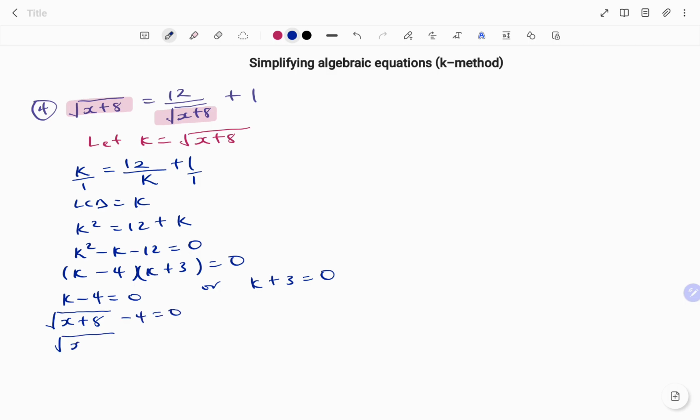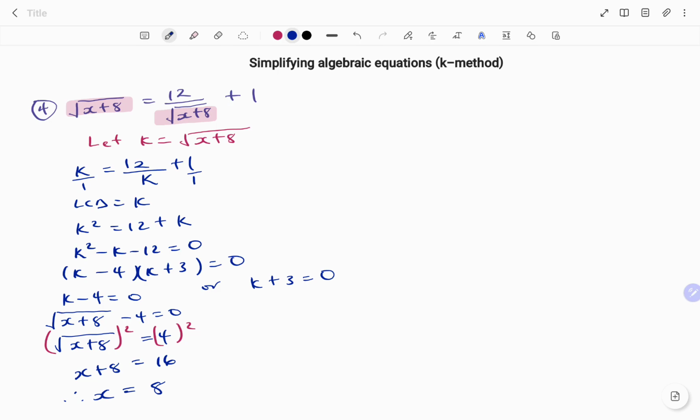Root of x plus 8, like I did in the previous example, equals 4. To get rid of my square root, I'm going to square both sides. So I'm left with x plus 8 equals 4 times 4, 16. Taking 8 to the other side, my x equals 16 minus 8, which is 8.